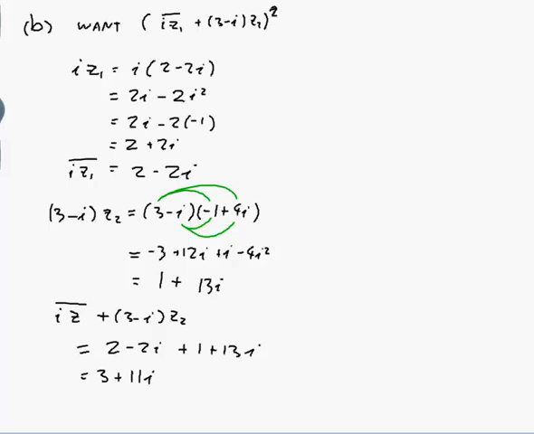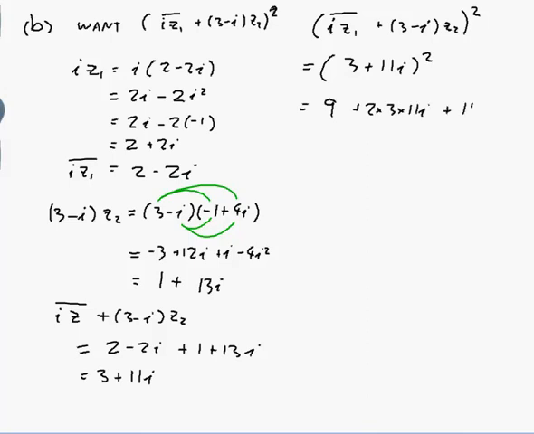And so i z1 bar plus 3 minus i z2 squared would be 3 plus 11i squared, which would be 3 squared, which is 9, plus 2 times 3 times 11i plus 11i squared.